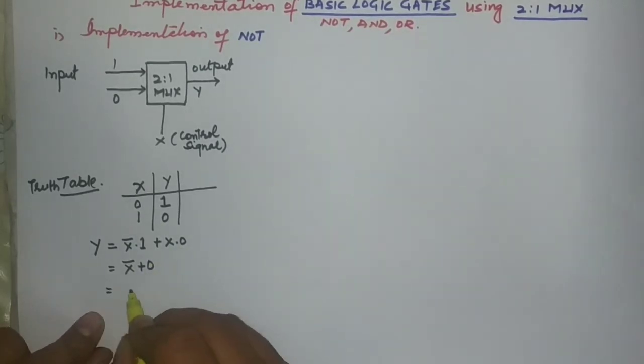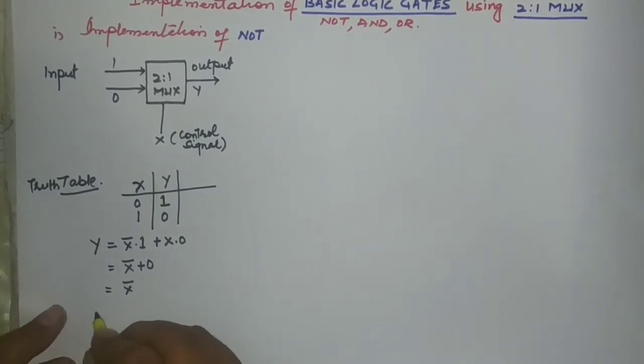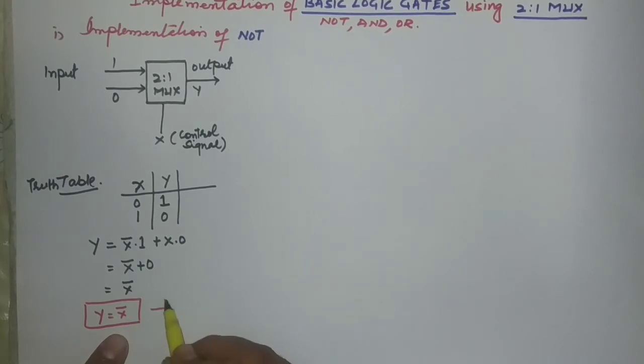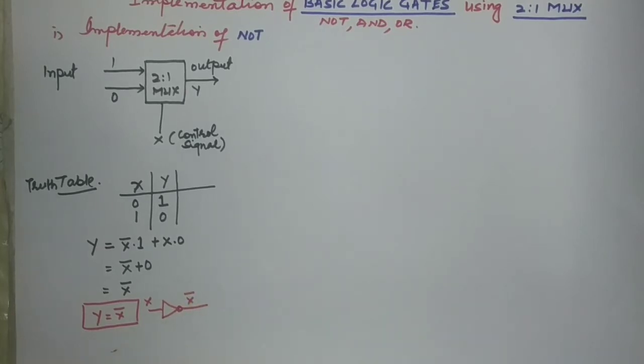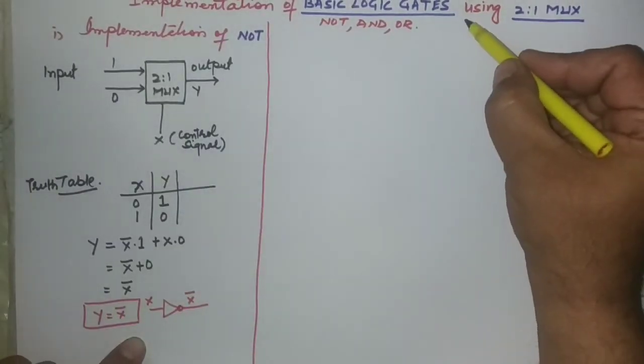So this is X bar. The final result we get is Y is equal to X bar. We know that this is an inverter, because whatever input we are giving, it is complementing. If X is the input, then X bar will be the output. So this is the implementation of a NOT gate.